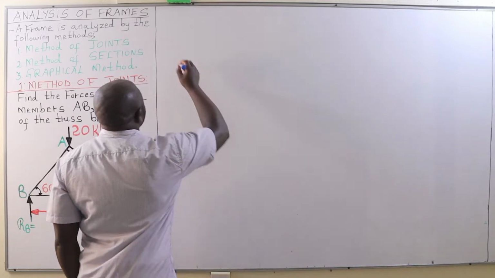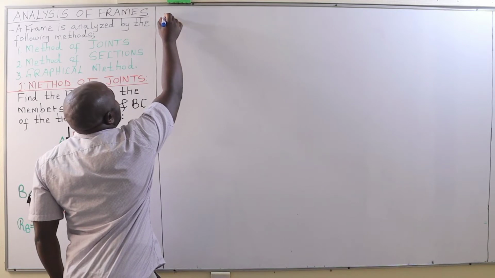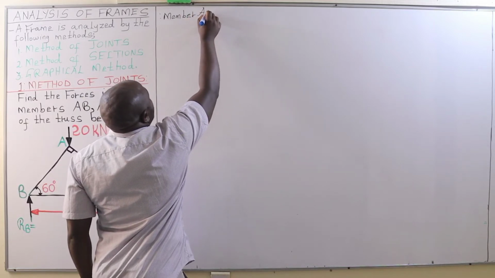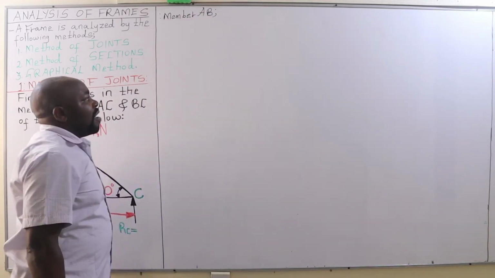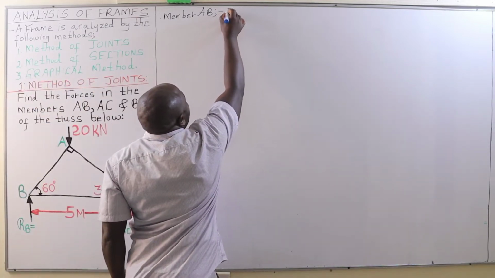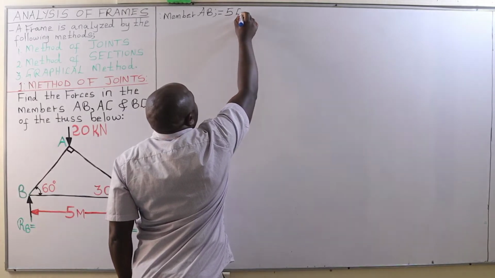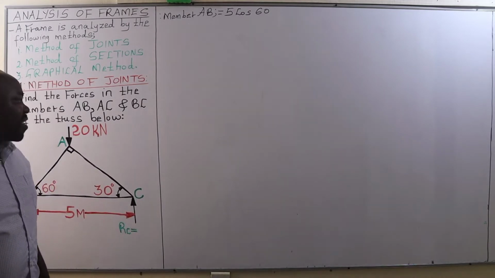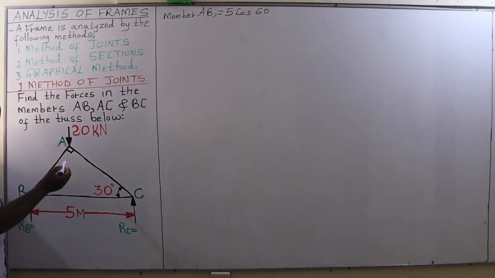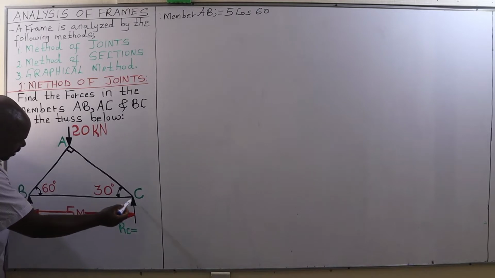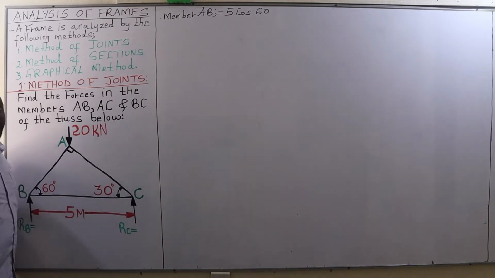and therefore member AB will be given by 5 cos 60. Why 5 cos 60? Because we can consider member AB as the adjacent and BC as the hypotenuse.